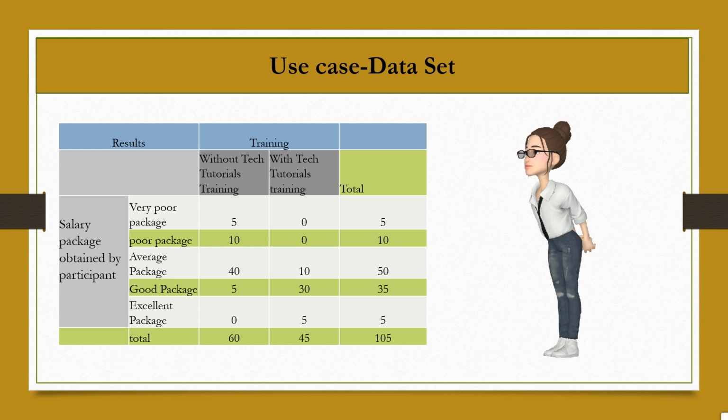There were 5 candidates without tech tutorial training who got a very poor salary package. Similarly, there are 30 candidates with tech tutorial training who got a good package. So basically you are comparing the salary package of a person depending on whether or not they have enrolled for tech tutorial training. This is our data set.